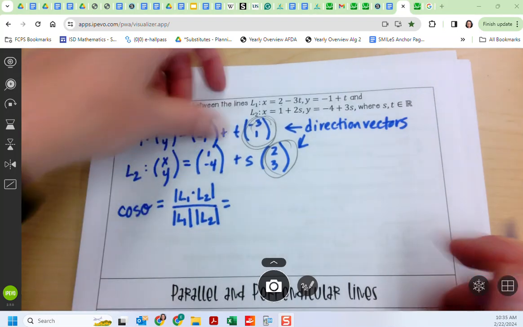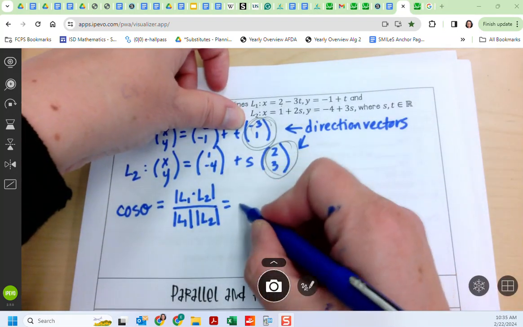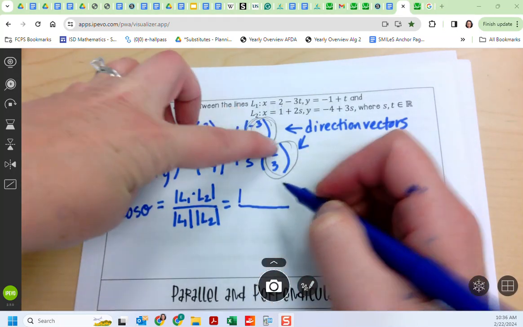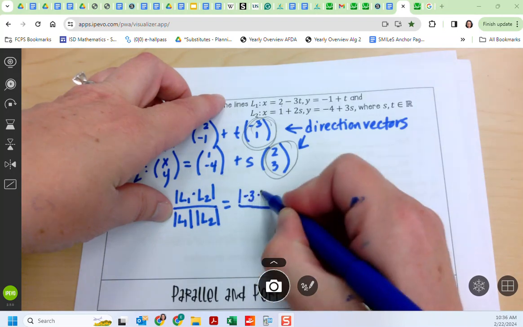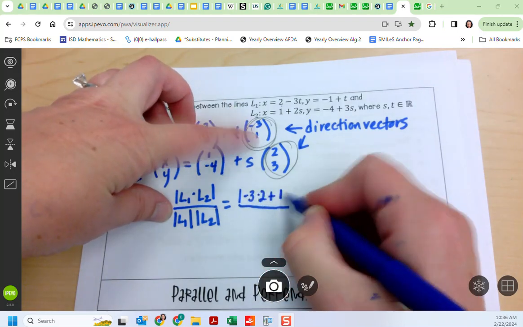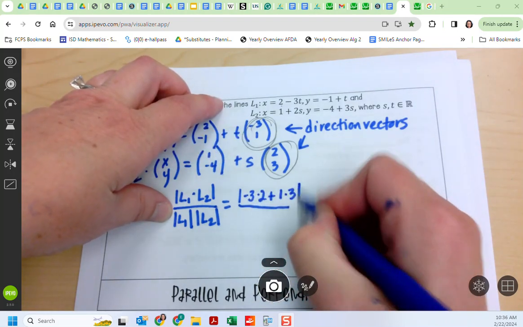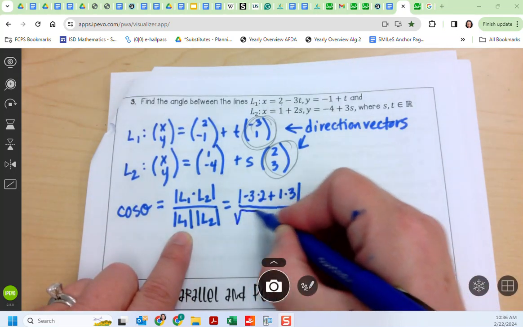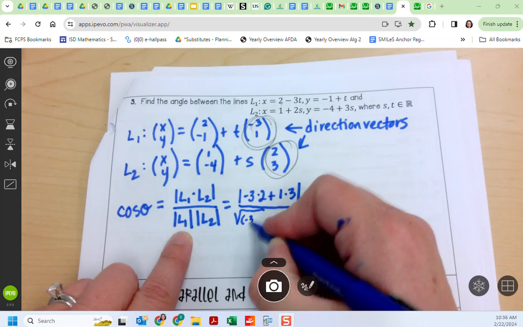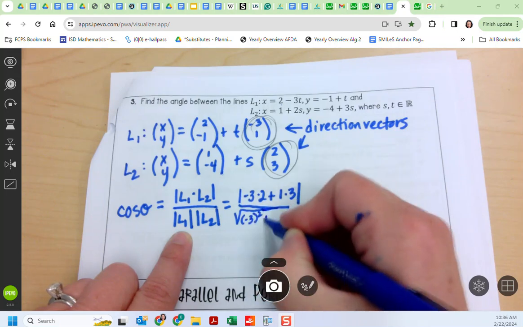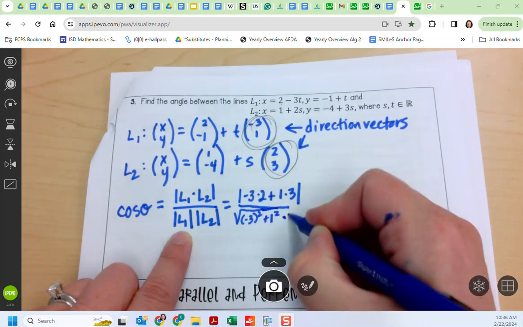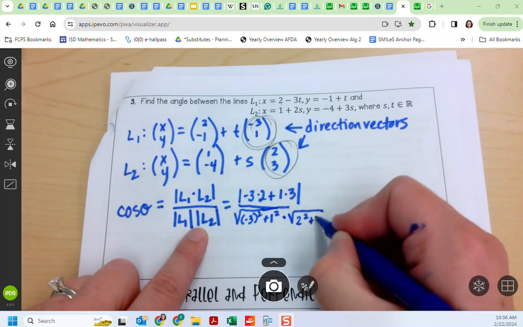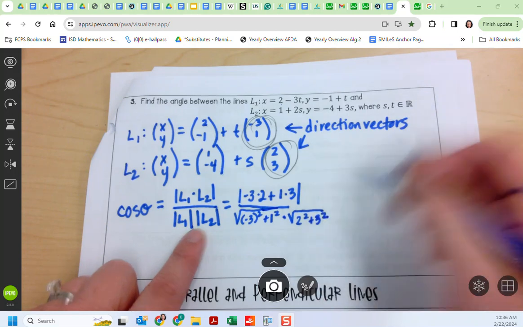So I'm going to do dot product on the top. So cosine theta is going to be the absolute value of -3 times 2 plus 1 times 3. And then in the denominator, the magnitude of L1 is the square root of -3 squared plus 1 squared. And then the magnitude of L2 is the square root of 2 squared plus 3 squared.